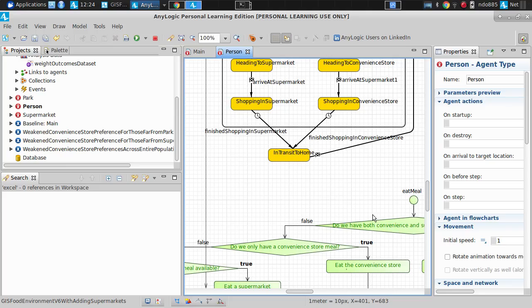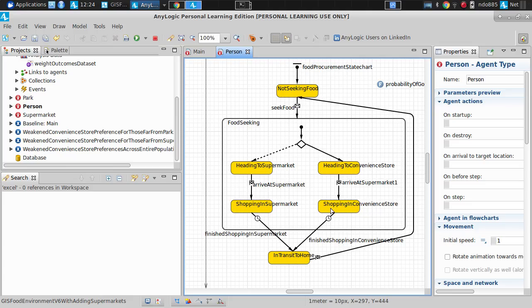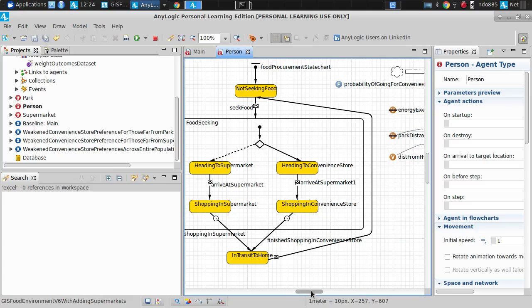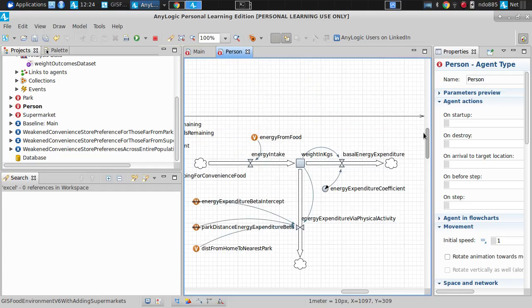So decision making on eating, on food choice and on where to procure food. Kurt's working on another model which involves quite active decision making with respect to tobacco procurement with the NIH, and then tracing it through to weight gain.